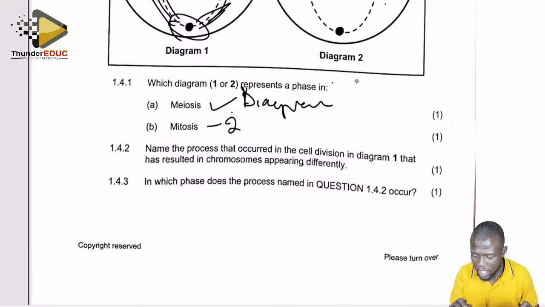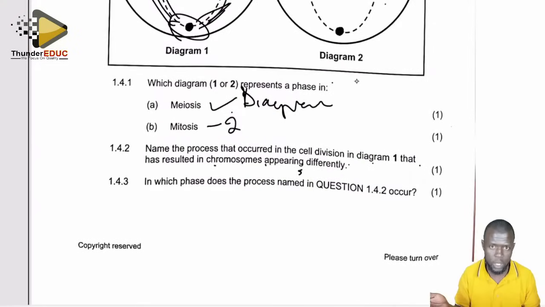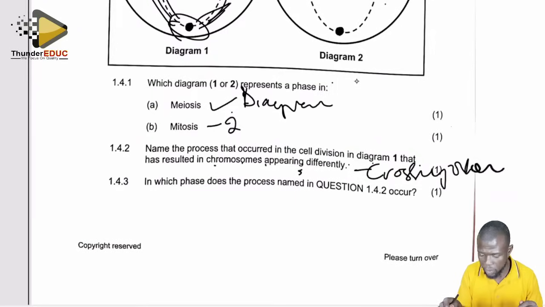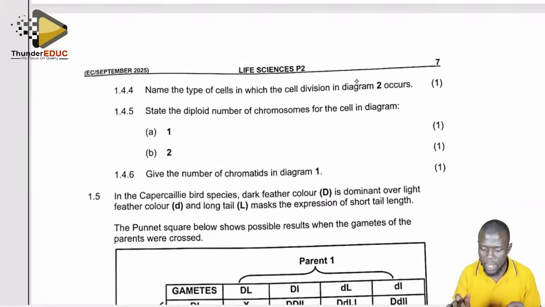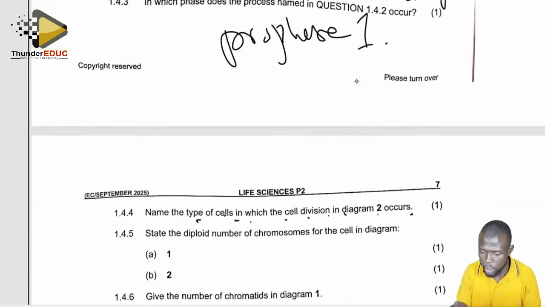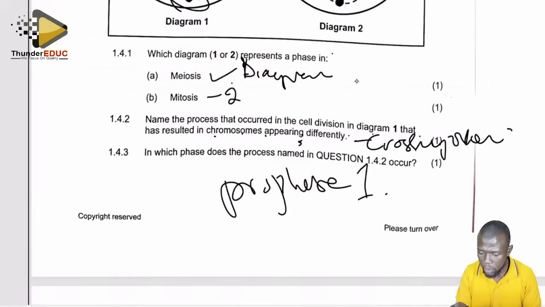Name the process that occurs in the cell division, diagram 1, that resulted in this. You see, it is crossing over. So I will say crossing over. In which phase does the process mentioned above occur? It occurs in prophase 1. Name the type of cells in which the cell division in diagram 2 occurs.